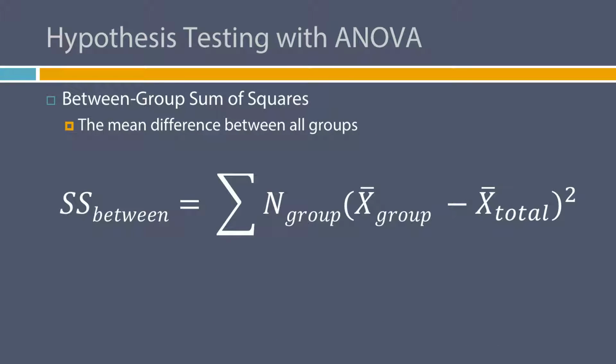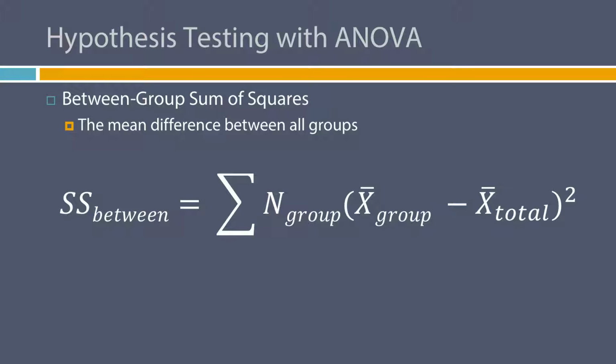So the between group sum of squares, or sum of squares between, is calculated this way. You take the mean difference between all groups. We take the mean of each group, so the mean of group 1 minus the grand mean, or the total mean, squared. And we say, how many people are in group 1?